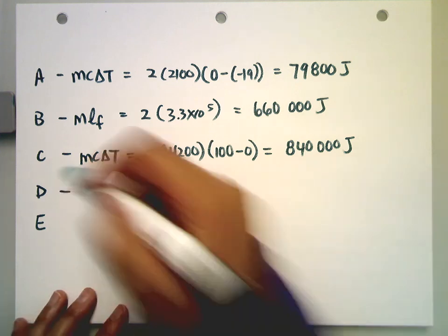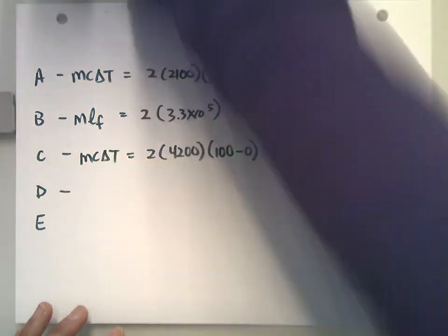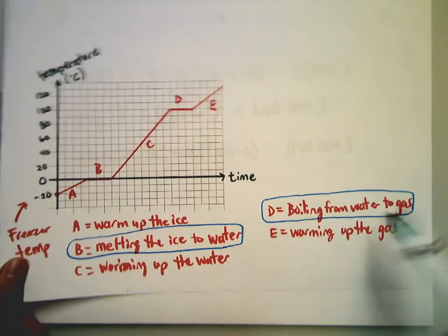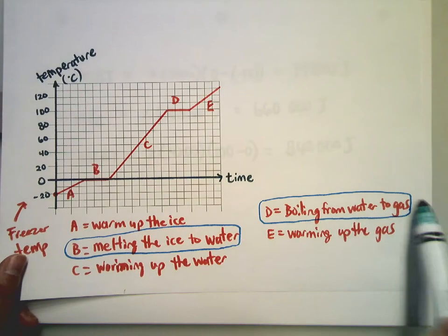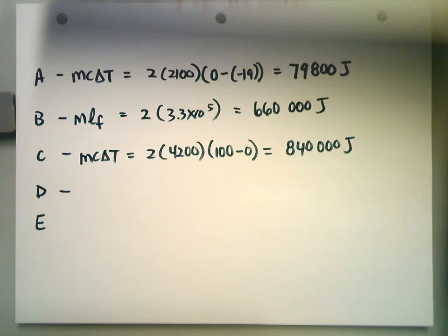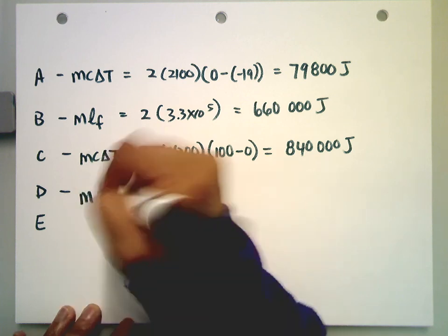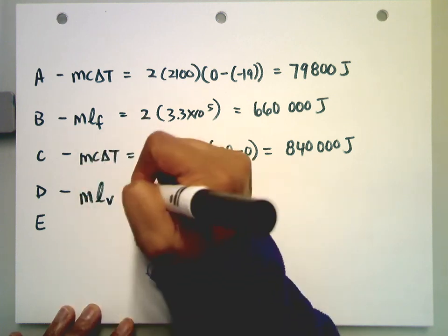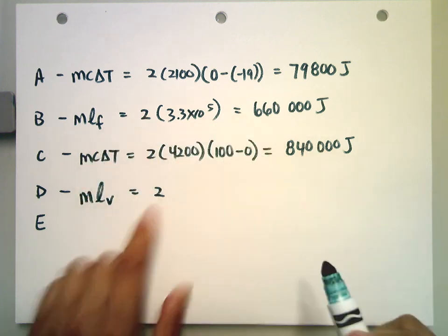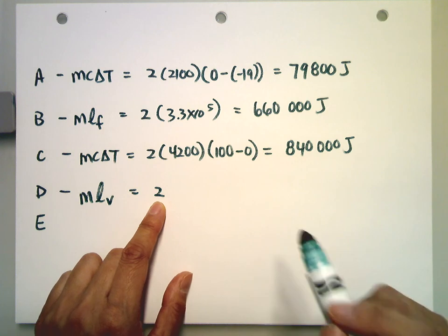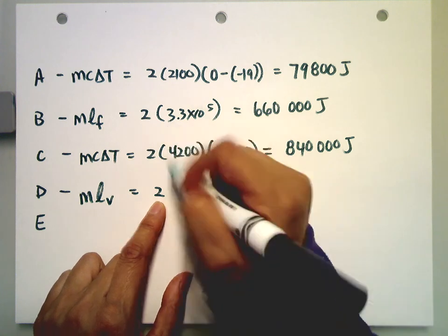There we go. All right, D, we're going to boil the thing. Now we're boiling it. When we're boiling it, you're doing a change of state, all right, and so that's in blue, we have to do latent heat of vaporization, MLV. 2 kilograms that we're vaporizing.